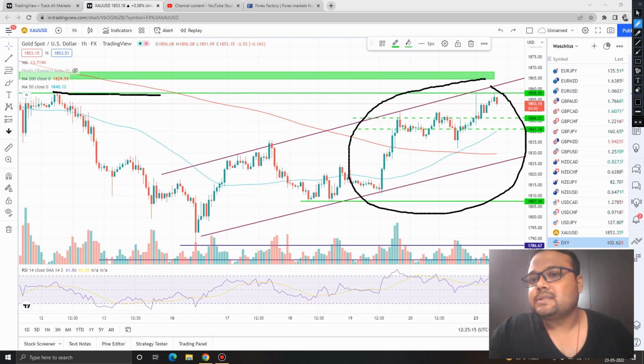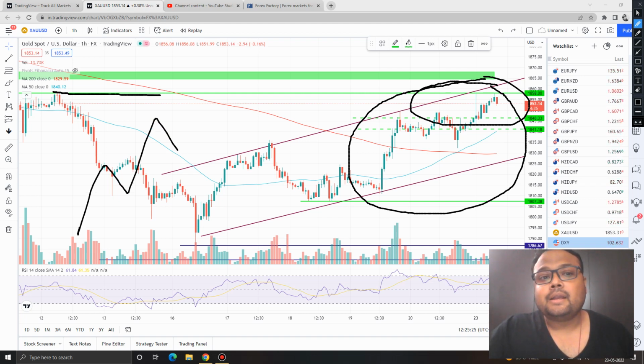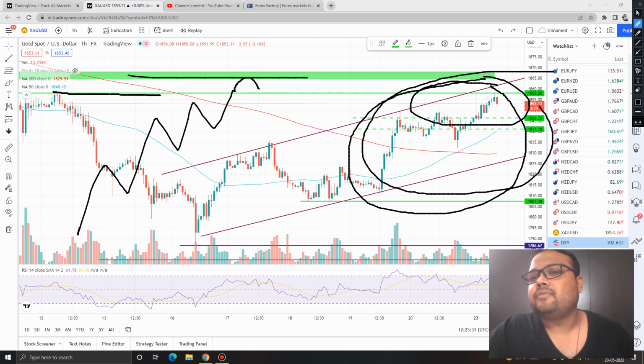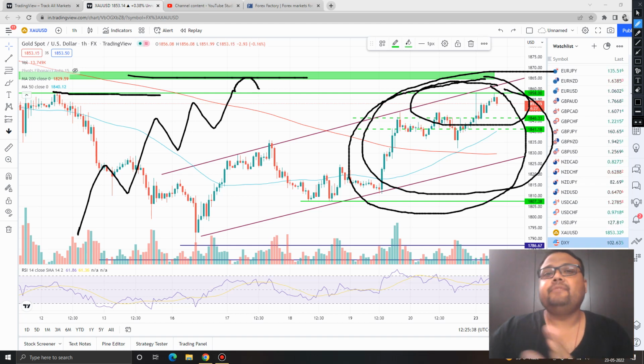Though the market is facing price rejection from this particular level here, we still do not have any trend reversal sign. My dear friends, the market is facing resistance, but we do not have a trend reversal yet. And if you analyze the chart carefully, there is still a possibility that the market will break the resistance of 1858 and try to go higher.